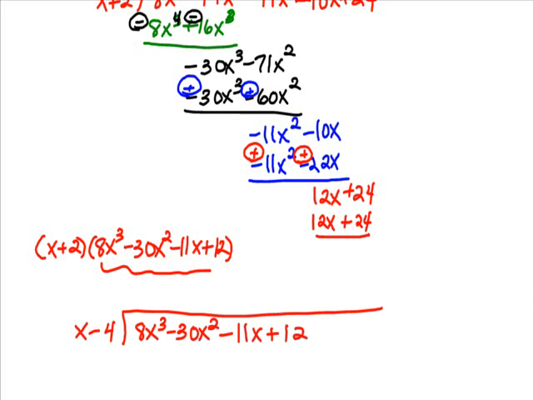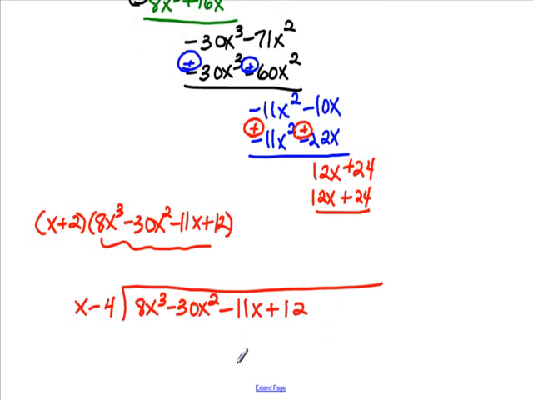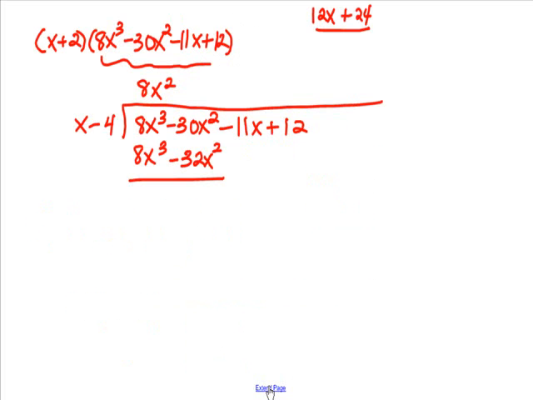Okay? And I'll go through the steps here, but hopefully you're pretty caught on to long division. So x goes into 8x cubed, 8x squared. Multiplying that gives us 8x cubed minus 32x squared. And then we're going to change the signs. So that gives us a 2x squared minus 11x.